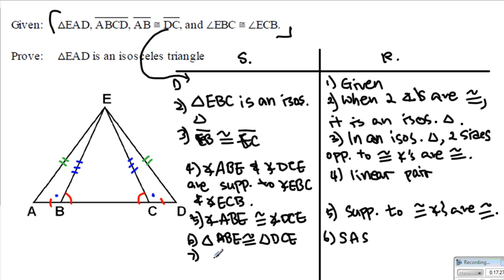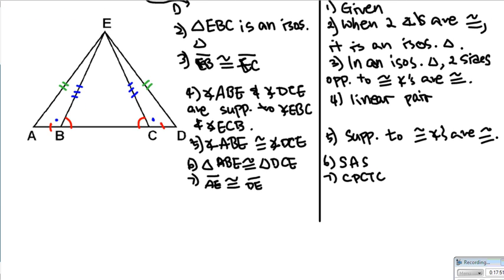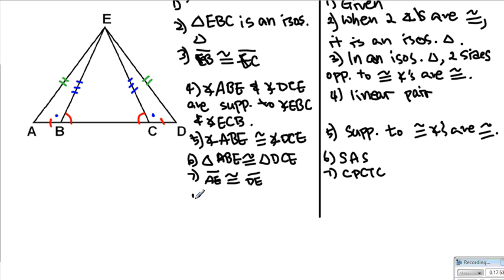Now, number 7, then we can say line segment AE is congruent to line segment DE. And the reasoning would be CPCTC.